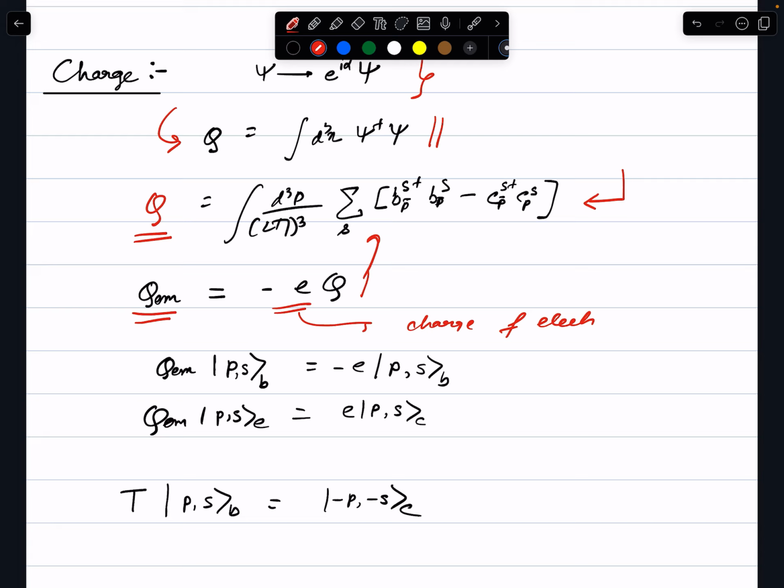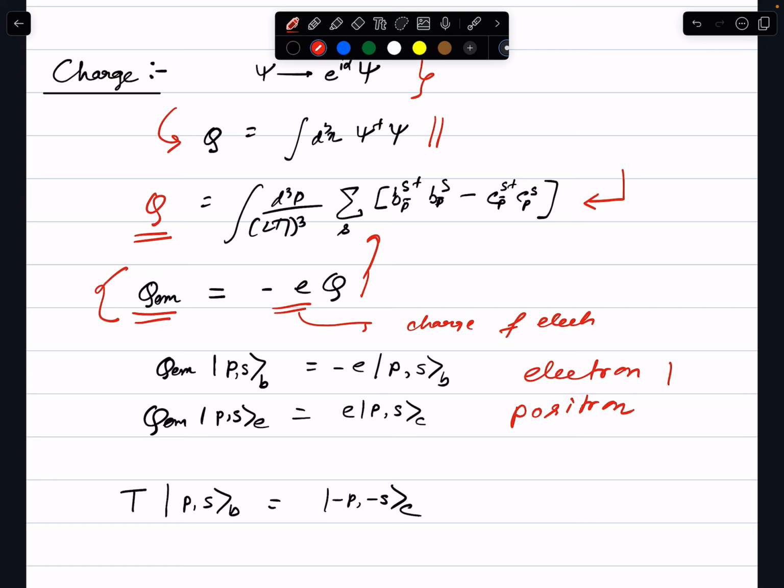But because of our usual convention in electromagnetism, we define a new charge operator, the electromagnetic charge, by multiplying this Q with a minus e, so that our B particles have a minus e charge and C particles have a plus e charge. So what is the B particle? It's the electron, it has minus e charge, and the C particle is the antiparticle of the electron, which is the positron.